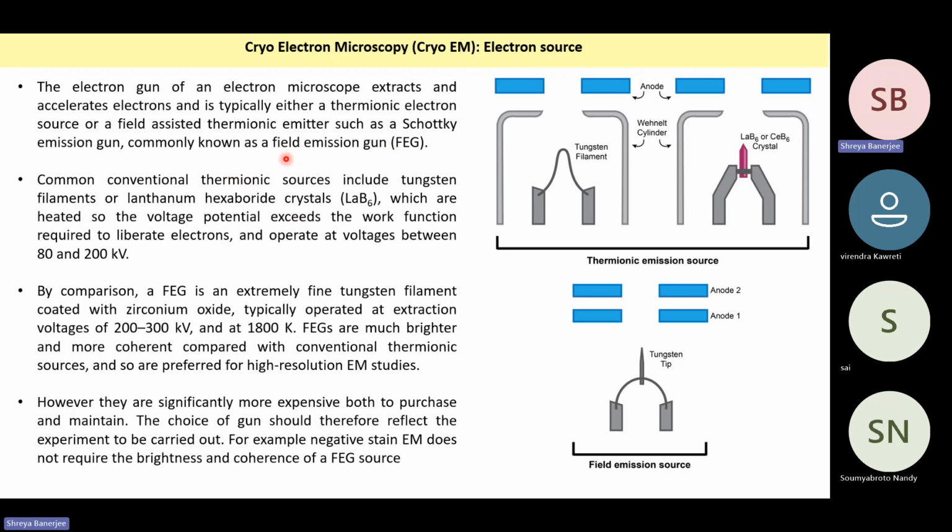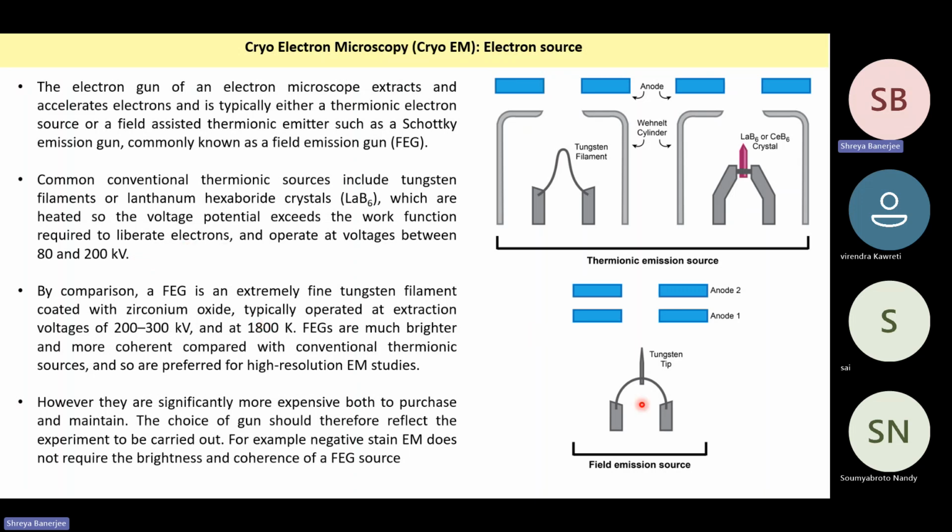So the common thermionic sources can include tungsten filaments or lanthanum hexaboride crystals, that is LaB6. And they are heated so that the voltage potential exceeds work function. That is, they are heated to such an extent that the electrons have enough energy to go free from the filament, and they operate at voltages around 80 to 200 kilovolts.